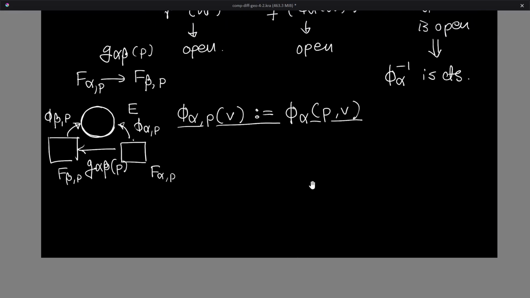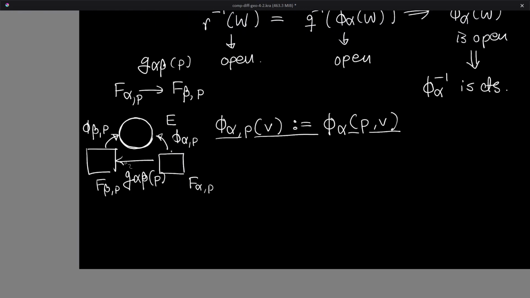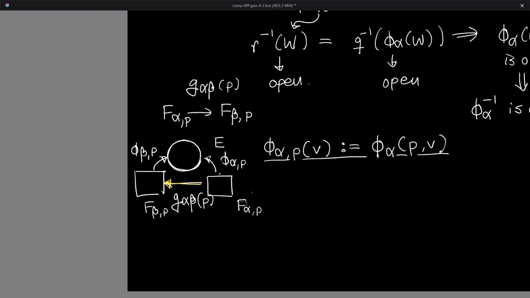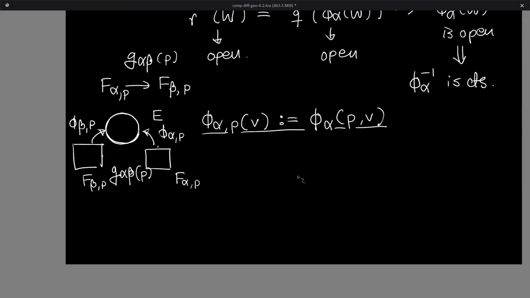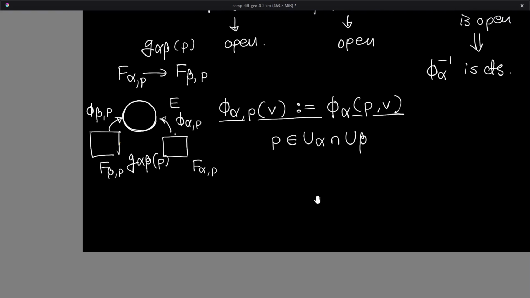So this is what we're after here, and the way we're going to get to it is, let me look at the notes and let me keep this straight, because this is a very cumbersome part. So let's say that P is an element of U alpha intersection U beta, so that we have access to both those coordinate charts.